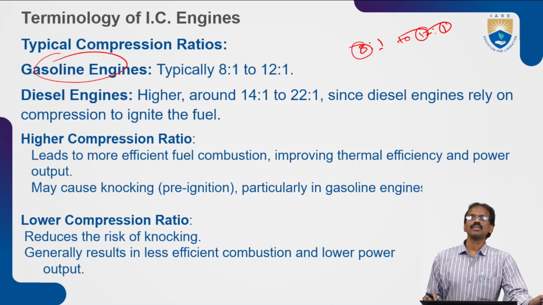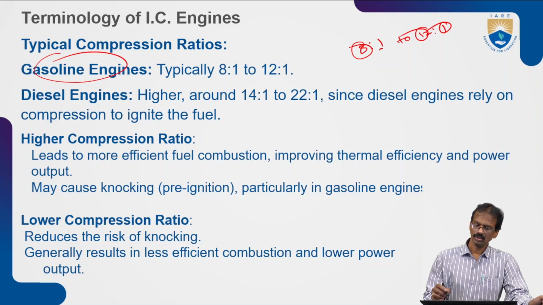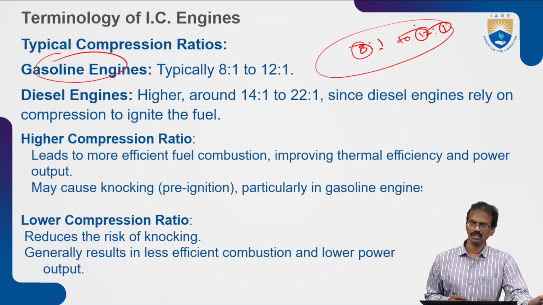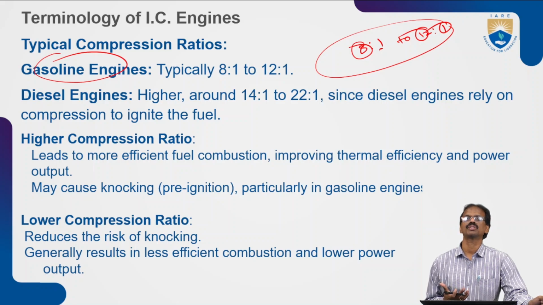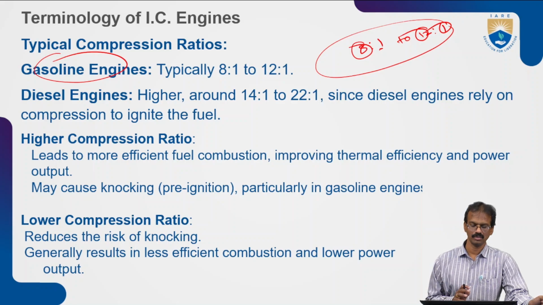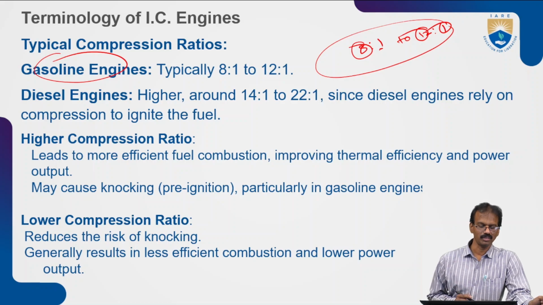So a high compression ratio leads to some defects, and a low compression ratio also causes some problems. So there is a range, and in between this range we can vary. We have to identify the optimized compression ratio for any IC engine to get good output and good mechanical efficiency.